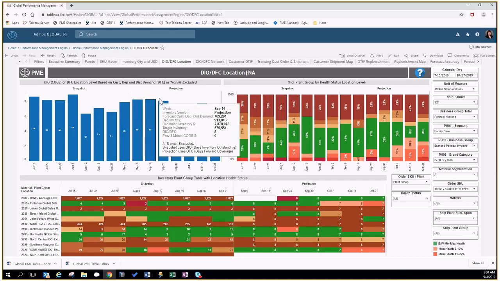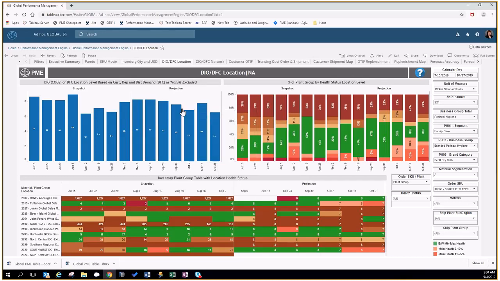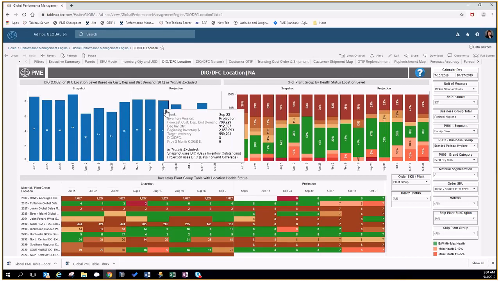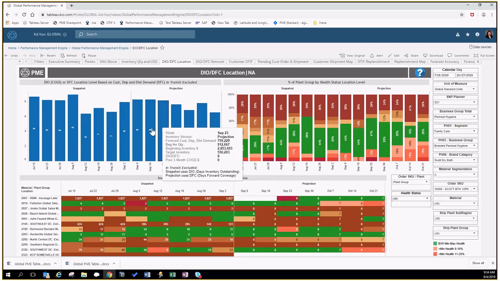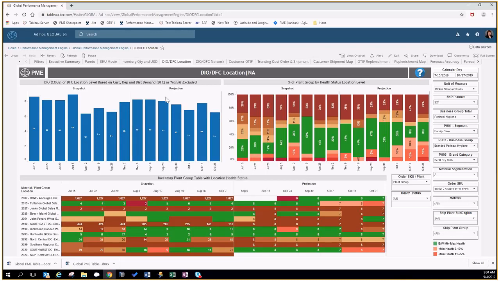One of the tricky things about this DFC calculation is that most of our data is sitting in summary tables, and all we do is add it up. We just summarize it. But for DFC, we have to do our filters first. So here I filtered on order SKU, or maybe I might filter on material segmentation to get all of the ASKUs. Whatever it is that I filter on has to feed into DFC first, and then the calculation runs.